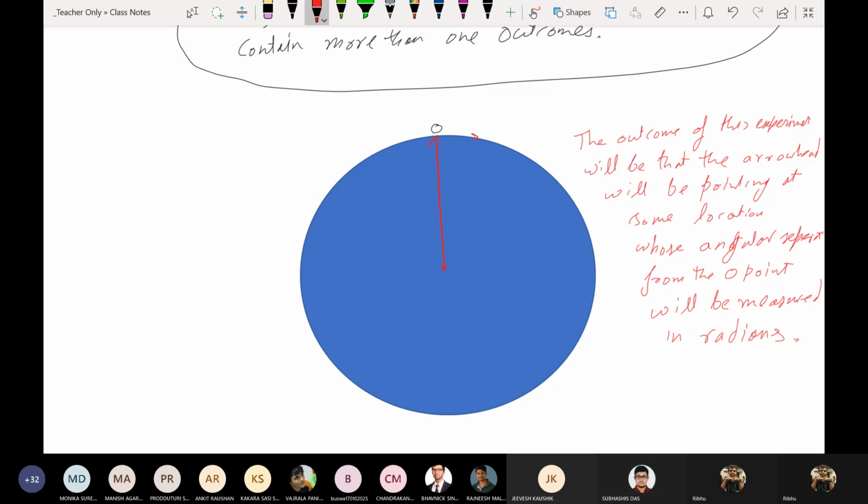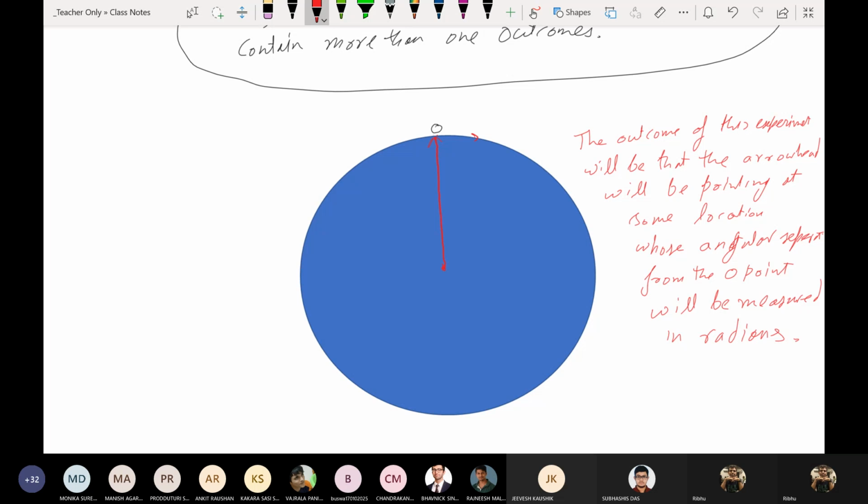Dartboard can be an example, but we are not considering a dartboard. So consider a random dial, a clock. Russian roulette is a good example, but Russian roulette will be discretizing this because in Russian roulette you can get only one of six outcomes. I am talking about a totally continuous case.